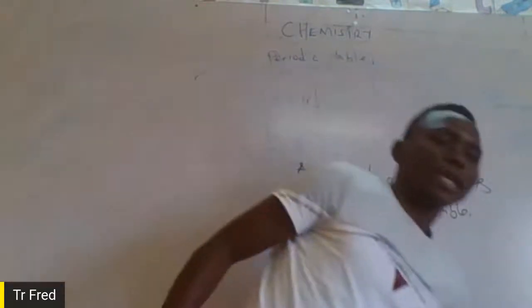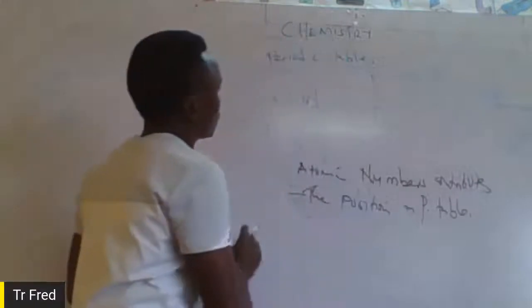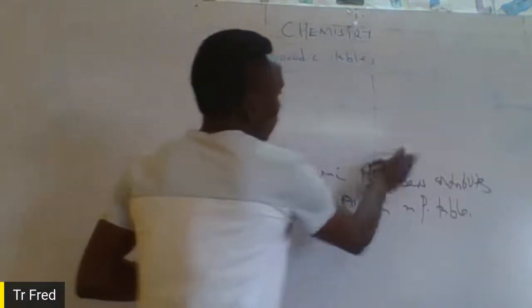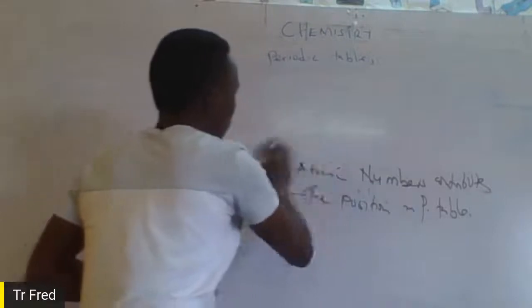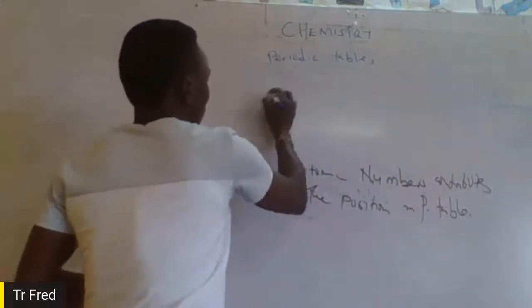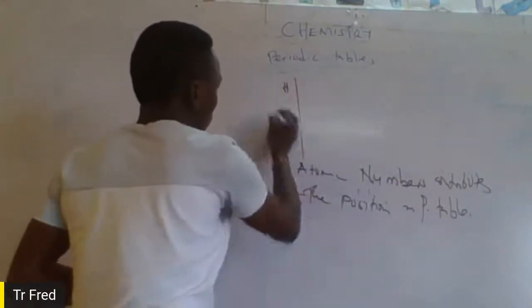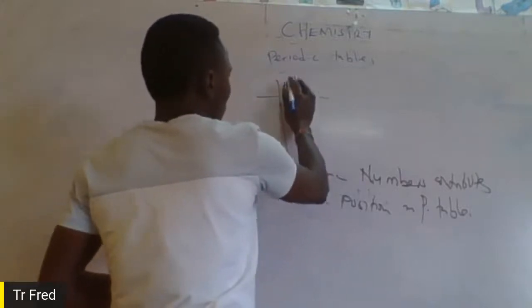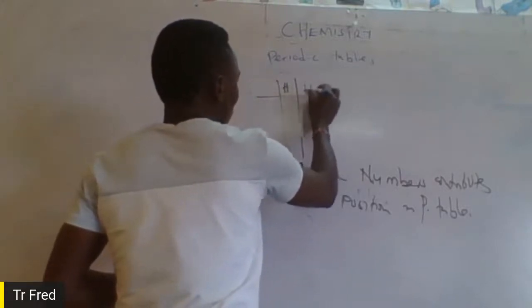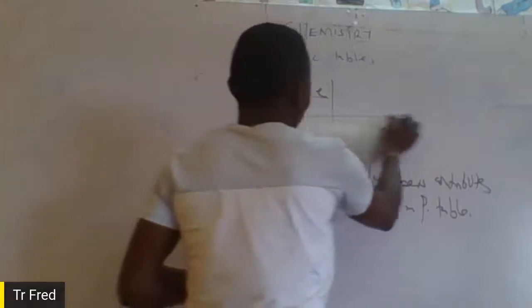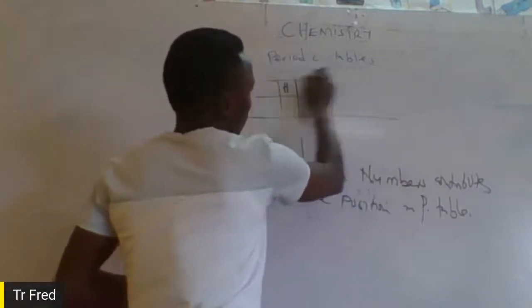Now, starting with the first element of the periodic table, which is hydrogen. You can have the periodic table. This one is hydrogen, which is denoted by H, then helium. Then from there we get the first 20 elements.